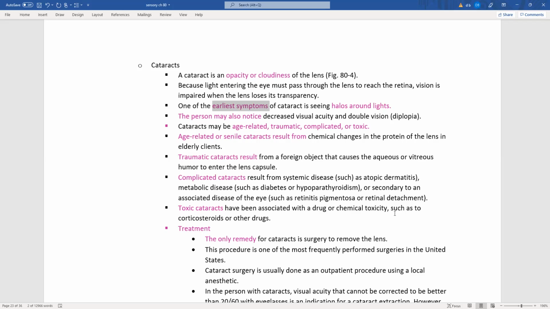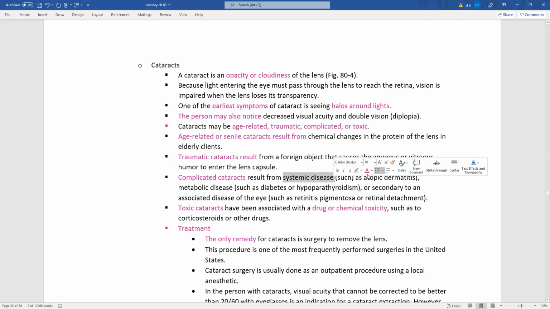Complicated cataracts result from systemic disease such as atopic dermatitis, metabolic disease such as diabetes or hypoparathyroidism, or secondary to an associated disease of the eye such as retinitis pigmentosa or retinal detachment. And lastly, toxic cataracts come from a drug or chemical toxicity.